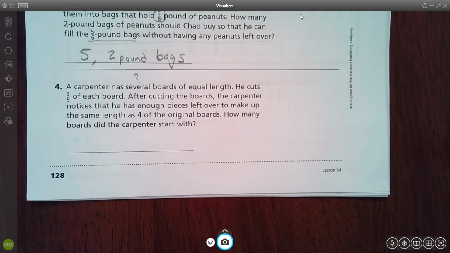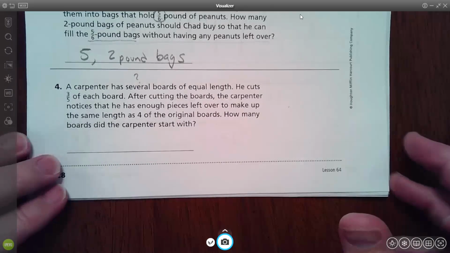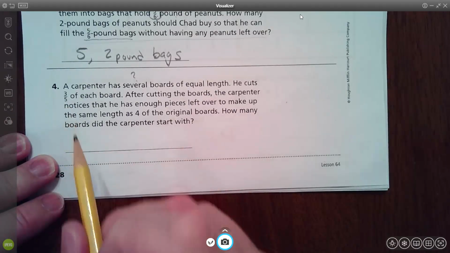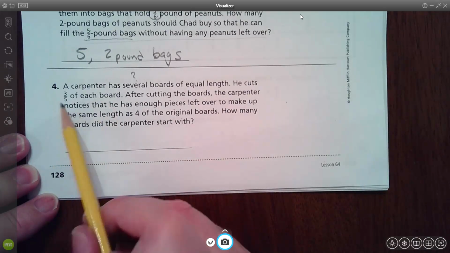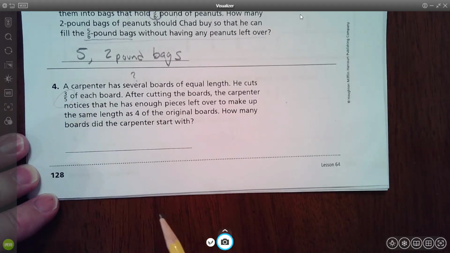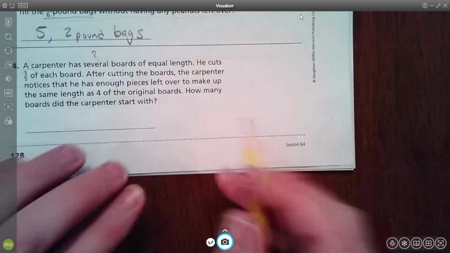Whew, you can read that over and over and over again and try to come up with it, but let's just do it. So he's got a mystery number of boards, and when he is cutting them, he's only using 3/5 of the board, which leaves him a little bit more. So I'll draw a small version here.